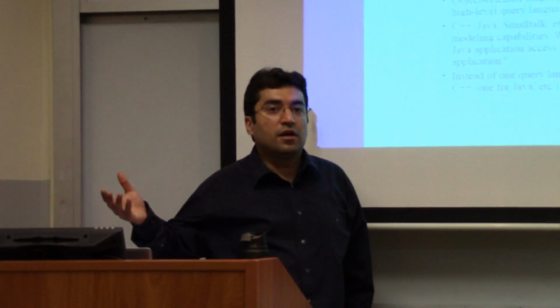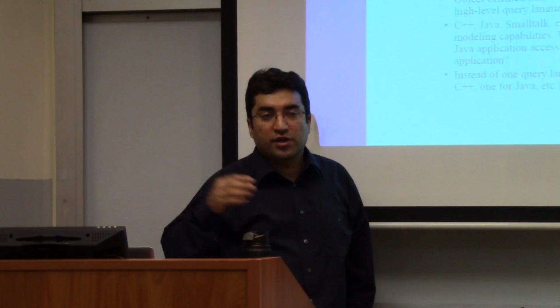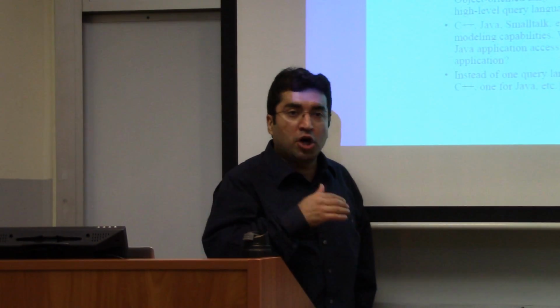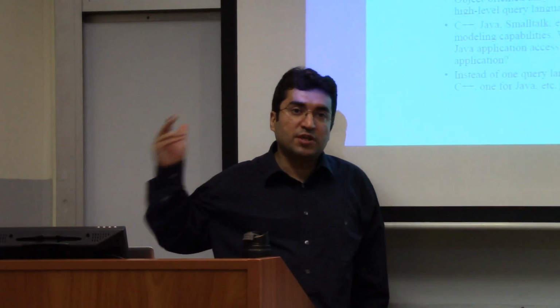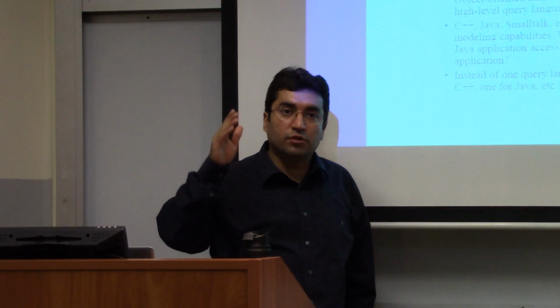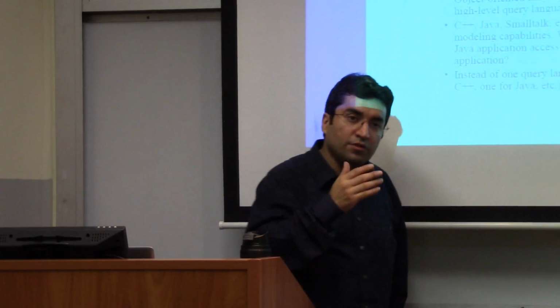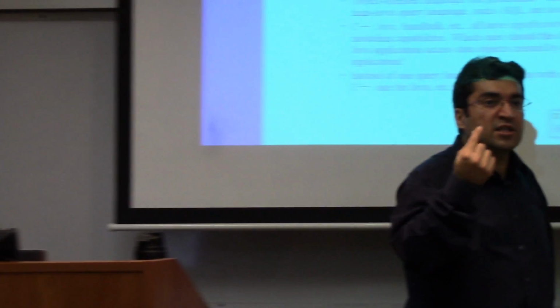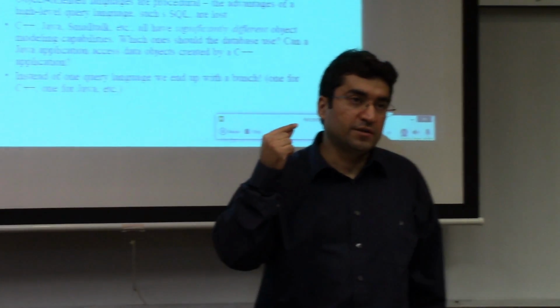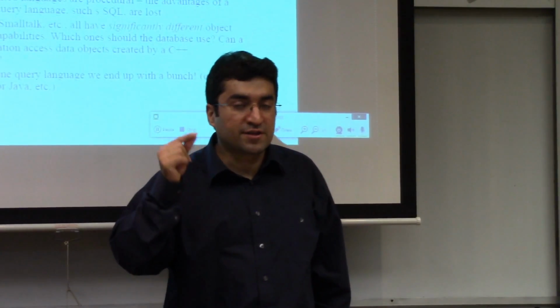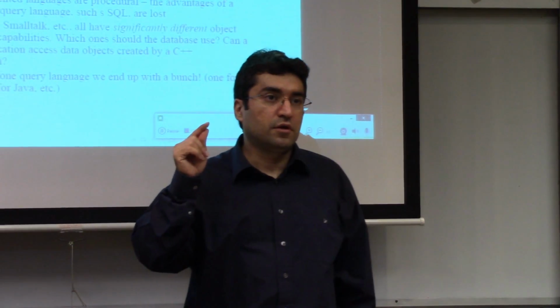The other problem: there are tons of object-oriented languages out there, and you cannot say that, instead of SQL from now on, use, for example, C++ or Smalltalk or object-oriented Pascal or Java. Why? Because they are all different. There is no one standard for object orientation. But SQL was a standard and was single, right?